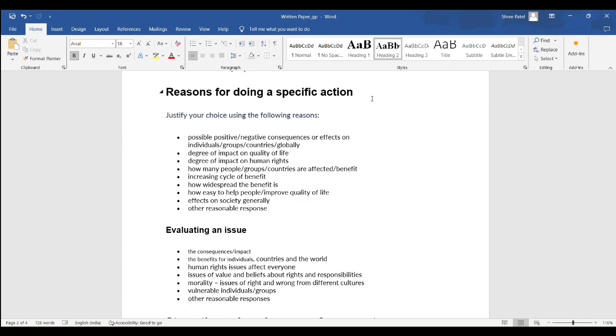This part will give you detail of question number 1C. Many times we are asked why a particular cause is very significant. Here are some points which you can add to your answer.